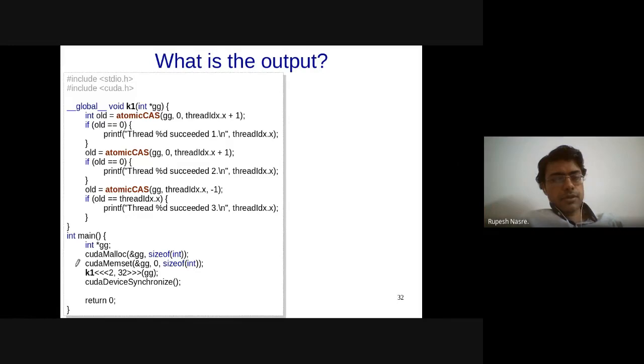Just to make sure we are on the same page, there is a global variable, global meaning it's a cudaMalloc variable, whose value is set to 0 initially, and then the kernel is launched with 2 thread blocks, each containing 1 warp.